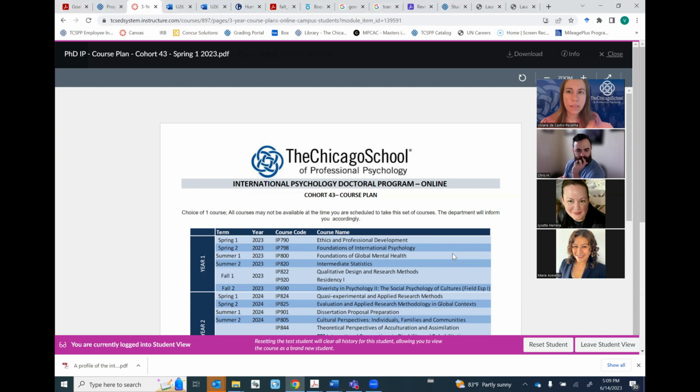This only works if you did not take leaves of absence or withdraw for a period of time. If you did have a leave of absence or if you withdrew and you came back, your cohort course schedule will not be the same. So you need to contact your faculty mentor in order to know when you will be taking your comprehensive exams.